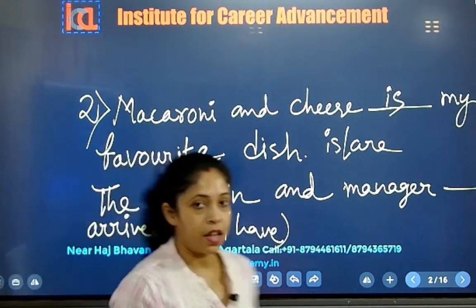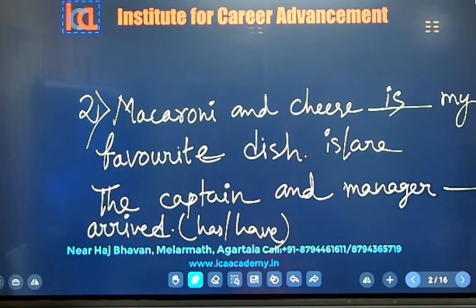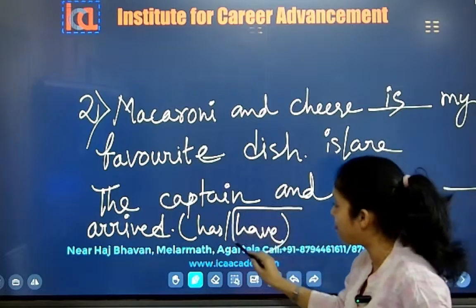Always here we'll see this sentence, the captain and manager arrived. According to the rules or according to you, which verb can you use here? Can you tell me? Have. Why will you use have?